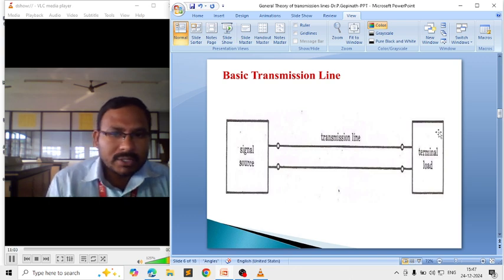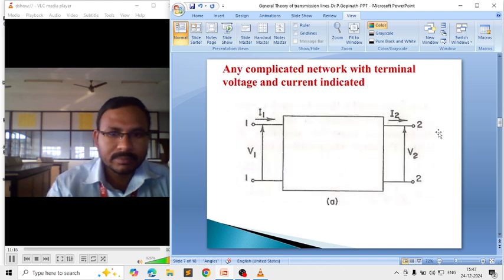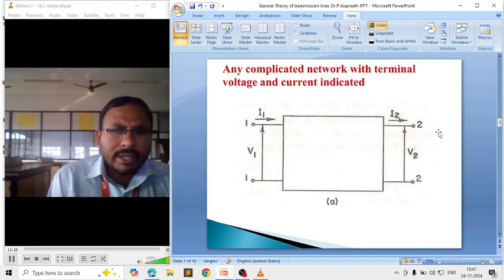The basic transmission line consists of a signal source and a terminal end, and in between we use the transmission line. Then there is a complicated network with the terminal voltage and current indicated. This is a simple circuit.